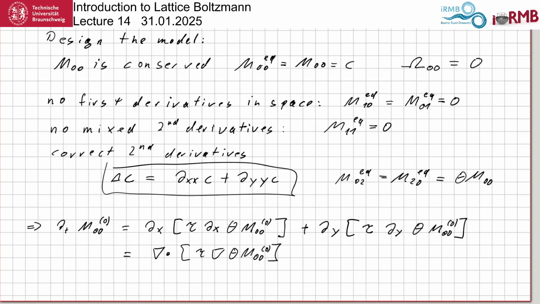So there is something interesting here to remember. This is not exactly the same way as you see it in your diffusion equation oftentimes. But the diffusion equation comes from physics, and Lattice-Boltzmann does it the same way as physics does it.